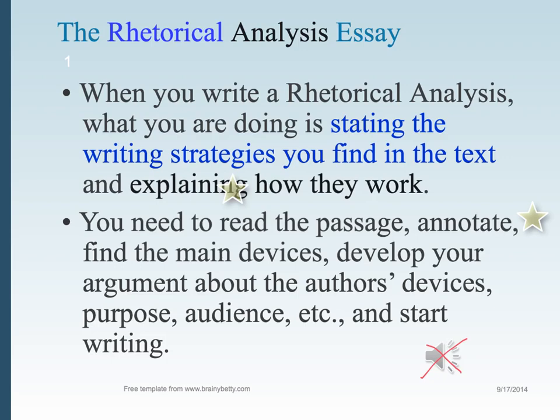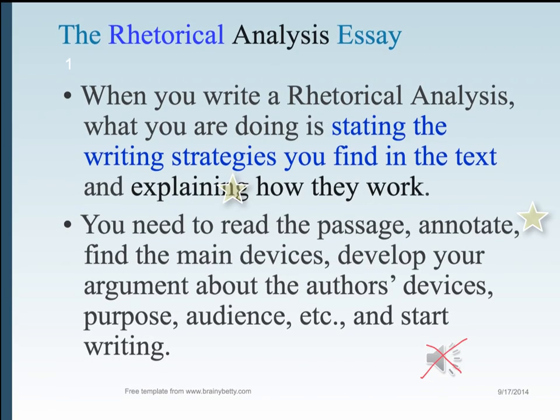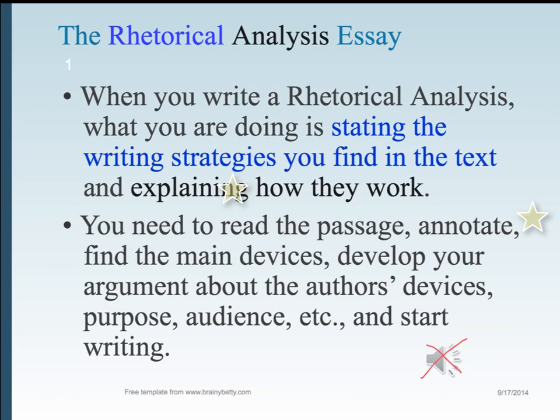Make sure you discuss the purpose, why he or she is writing this, what he or she wants to accomplish as a result of writing this, or in the case of a speech, speaking it, what audience they intend to reach. And once you've identified that and make sure that you write it down on the passage so it's there for you to find, then you start writing.